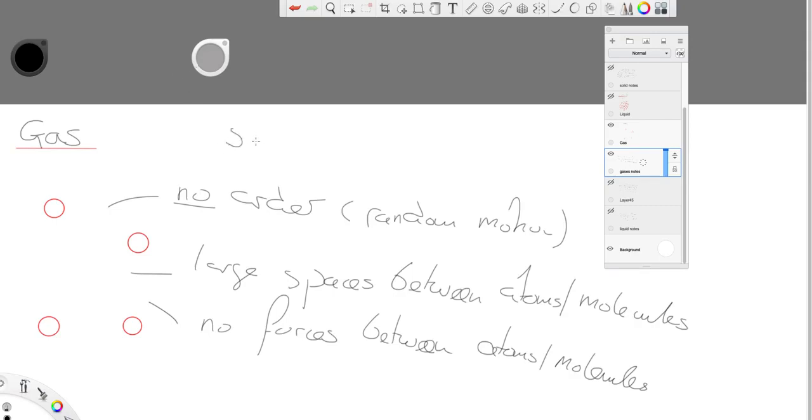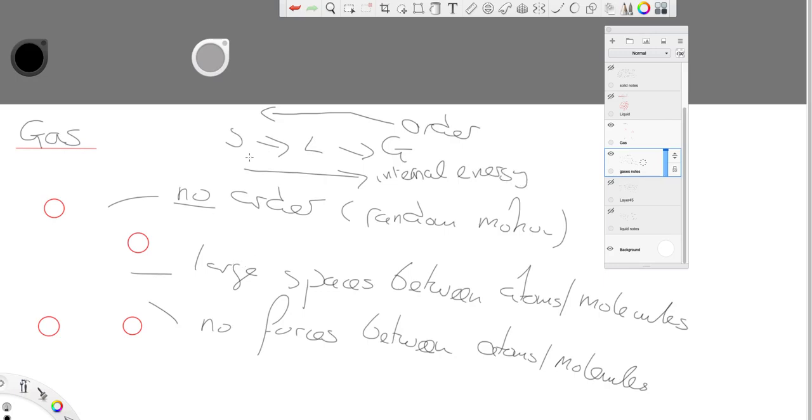So going solid to liquid to gas, order decreases and the internal energy increases that way.